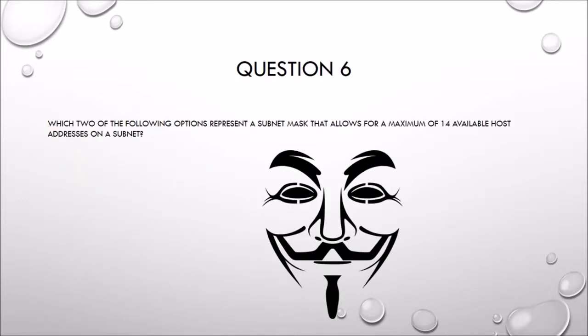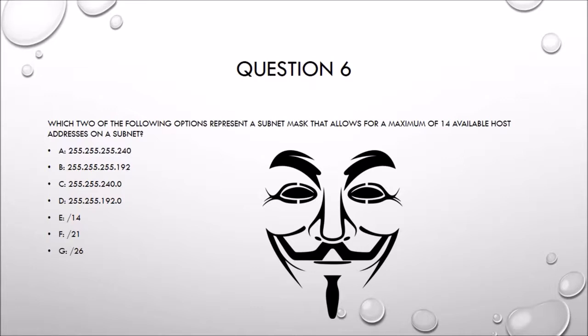Question 6. Which two of the following options represent a subnet mask that allows for a maximum of 14 available host addresses on a subnet? Is it A, 255.255.255.240, B, 255.255.255.192, C, 255.255.240.0, D, 255.255.192.0, E, /14, F, /21, G, /26, or H, /28.